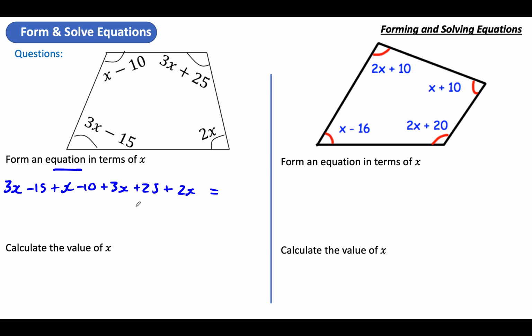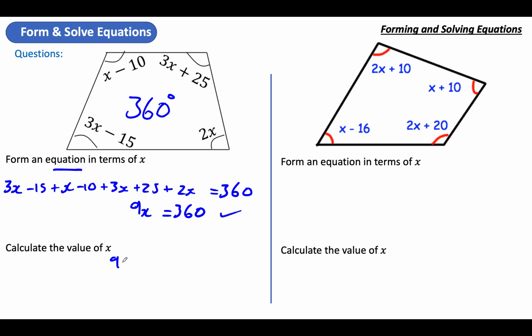Plus another 2 makes 9x. And then start with minus 15. Take away 10. Well, that's minus 25. Add 25. Oh, well, that cancels out, doesn't it? So there's no extra number on the end. But this is a four-sided shape, so they all add up to 360 degrees. So that is my equation.